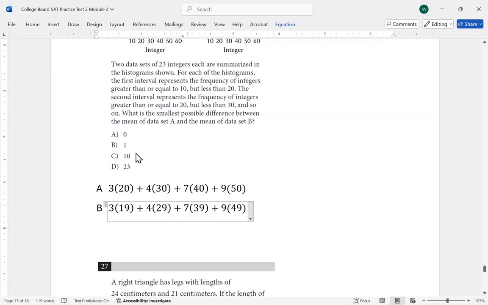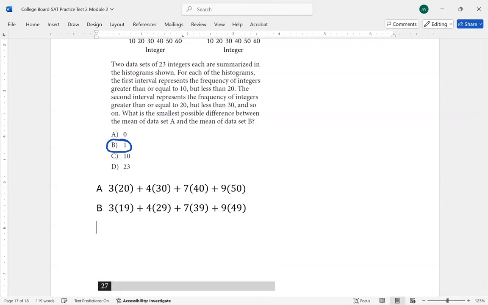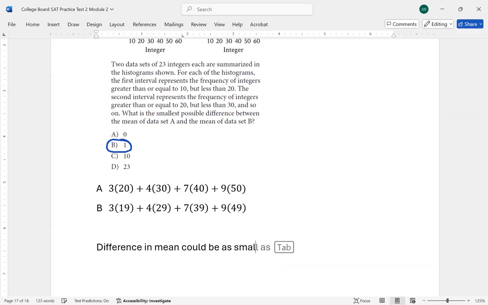This is not guaranteed to be differences of exactly 1, but the difference in each of the numbers could be as small as 1, and therefore the difference in the mean could be as small as 1.